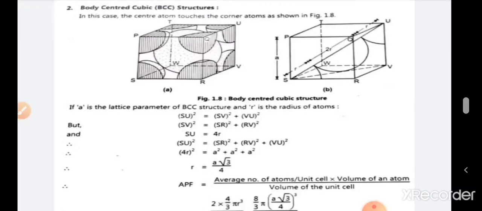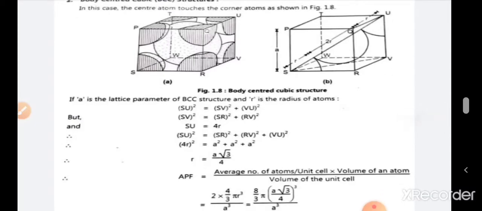Now we have to find the atomic packing factor, which is the ratio of the volume of atoms in the unit cell, multiplied by the number of atoms, divided by the volume of the unit cell.